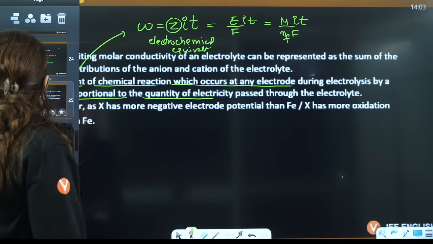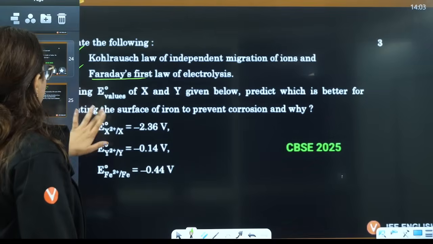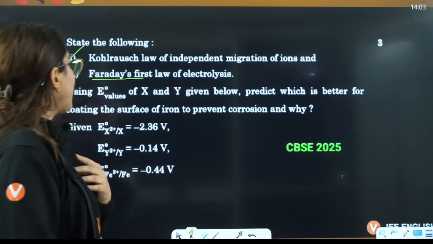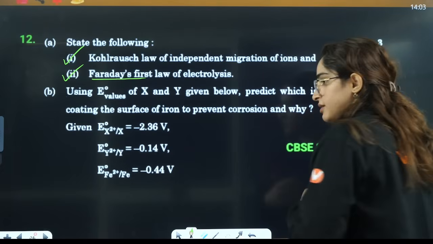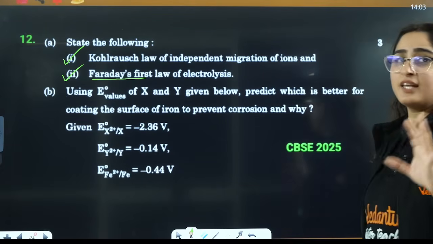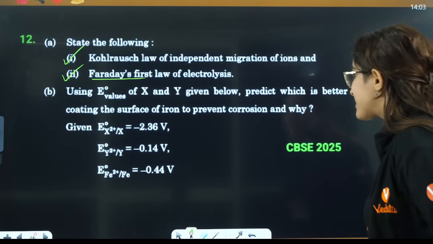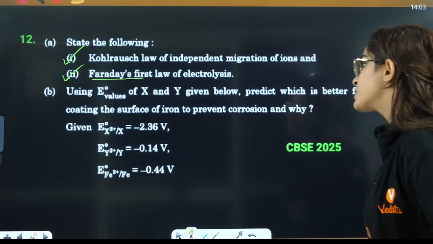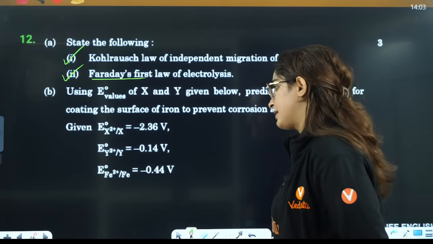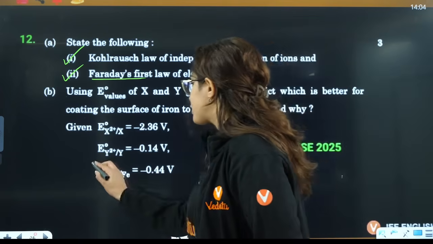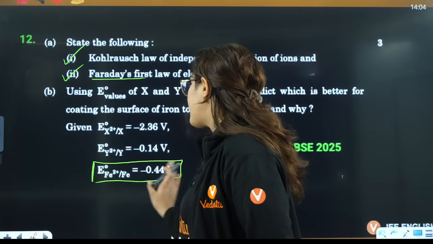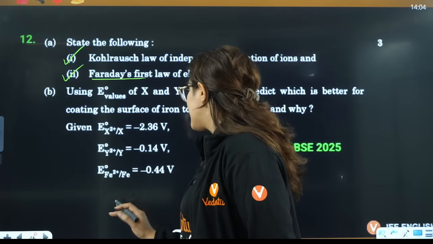Okay. Next the question is, using E naught value, this is a very interesting question. In CBSE 2025, they have asked a really interesting question from physical chemistry. E naught values of X and Y are given below, predict which one is better for coating the surface of iron. See, this is the surface of iron. All of them are reduction potentials, right?